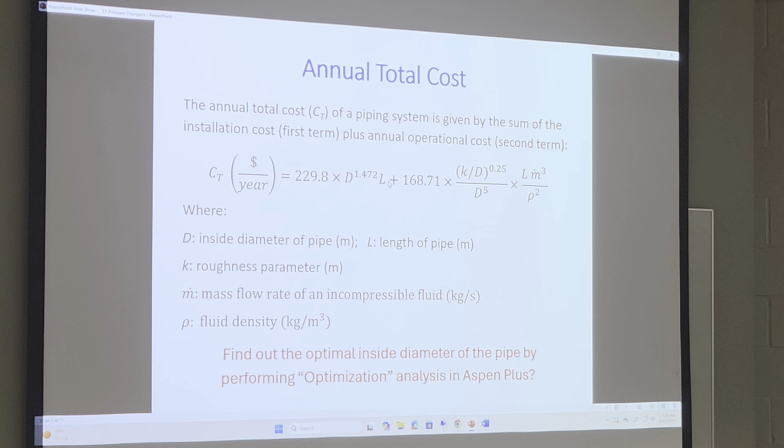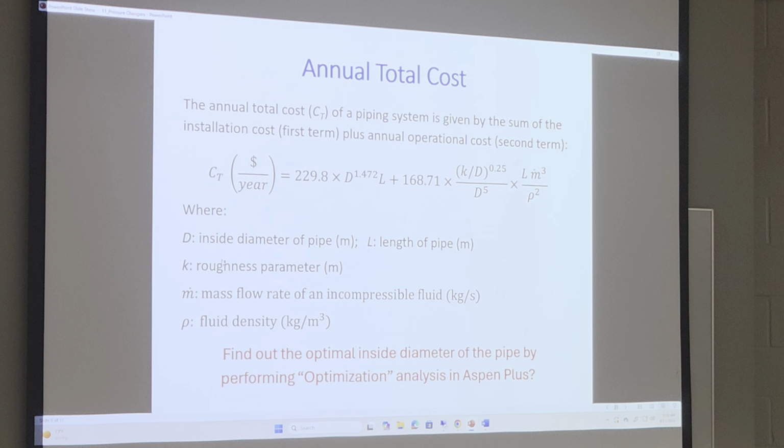We have to install pump and pipe. This second term is operational cost. Installation cost plus operational cost, total annual cost. And this total annual cost, how do we estimate? We developed this equation. So we estimate by the equation total annual cost of this water supply system.